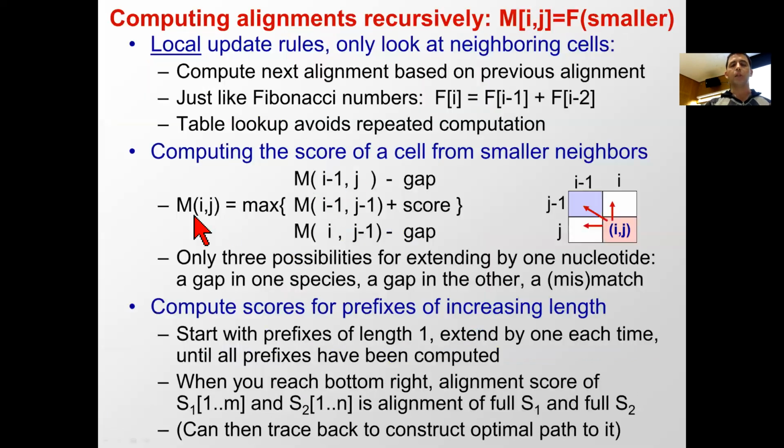It's basically the maximum score of the ij alignment is the maximum of this alignment plus whatever score I get for aligning this character to that character, or that score, which is already the maximum for going all the way to there, plus a gap penalty, or that score plus a gap penalty, okay? So that's the recursion formula. It's quite simple. And then the score depends on the pair of characters at positions i and j. Okay, everybody with me with the recursion formula?